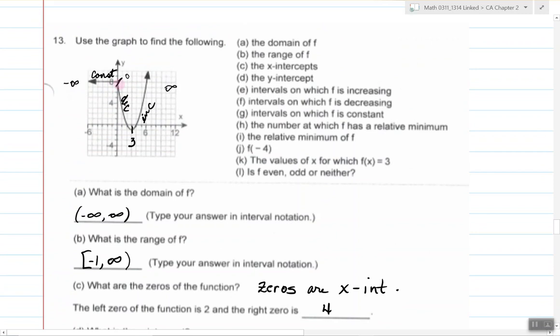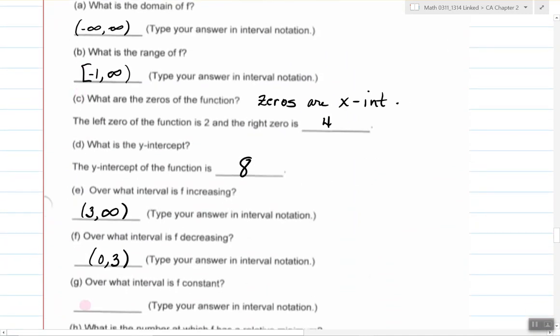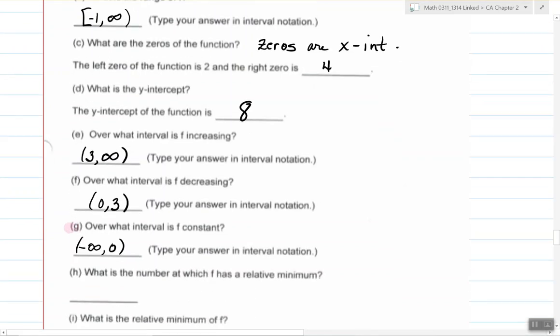So make sure that you're thinking about what x is. So that will be from negative infinity to 0. Increasing, decreasing, and constant, we're always going to write those as open intervals. And when I say open intervals, I mean I'm using parentheses.